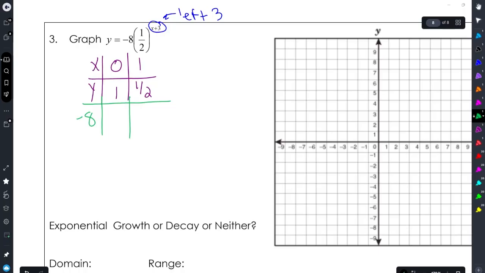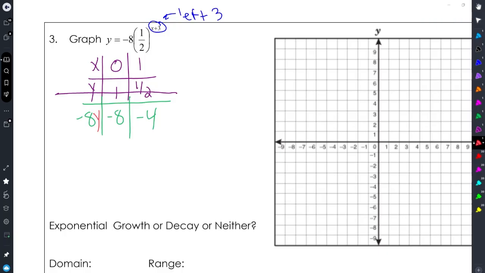So 1 times -8 is -8. 1/2 times -8 is -4. I'm going to cross out that middle row. So we have 0, comma -8 down here, and 1, comma -4. 1, 2, 3, 4.